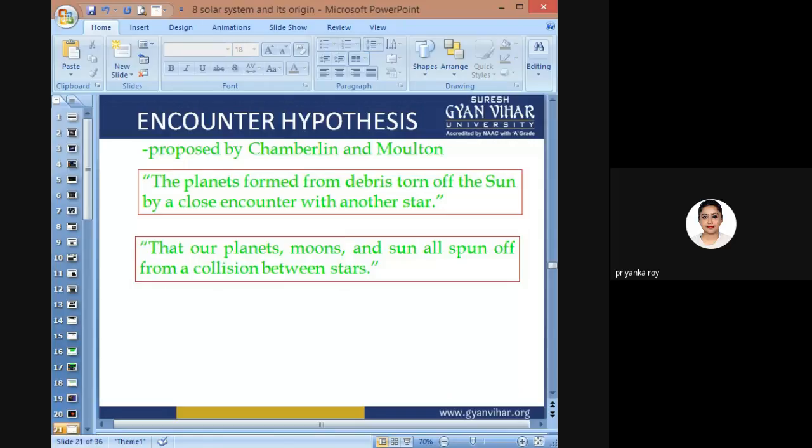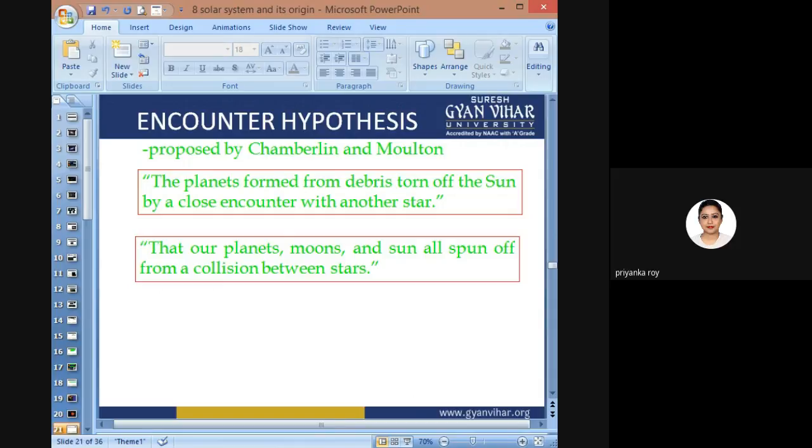Now, encountering these hypotheses, Chamberlin and Moulton said that the planets formed from debris torn off the sun by a close encounter with another star.